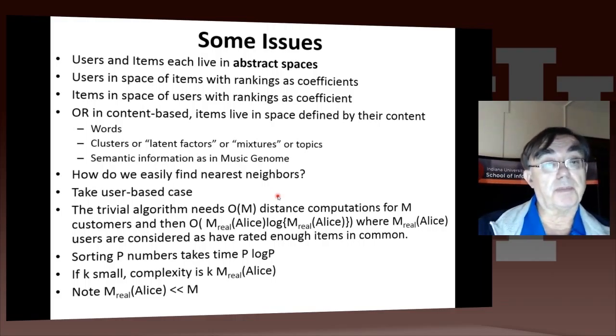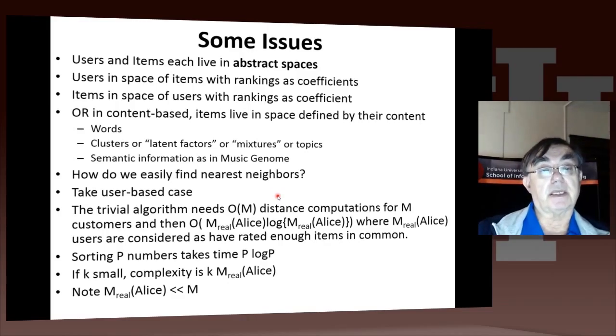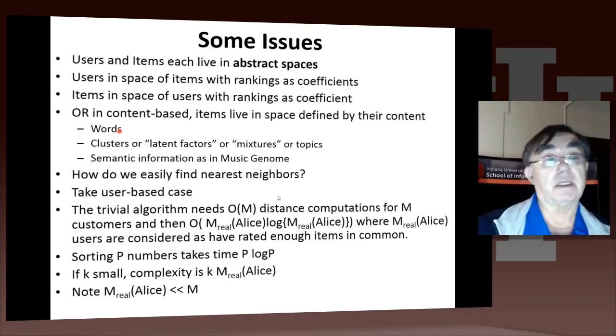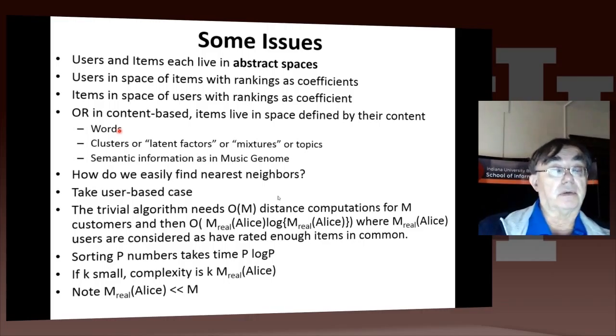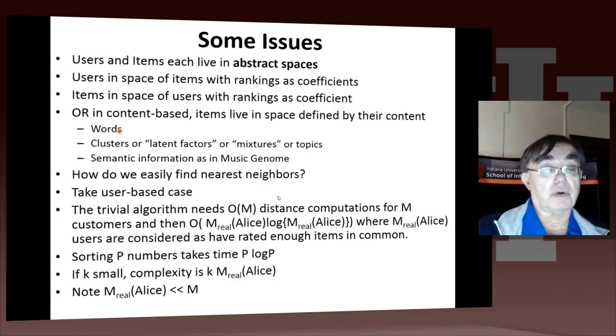Or we can do the property or content-based approach, where items live in the space defined by their content, which is the semantic information like in the music genome, or the words, as if you look at these items, they are documents. And then we can do methods like clustering, which we will discuss later, latent factors or mixtures of topics, which also identify things which are near each other.